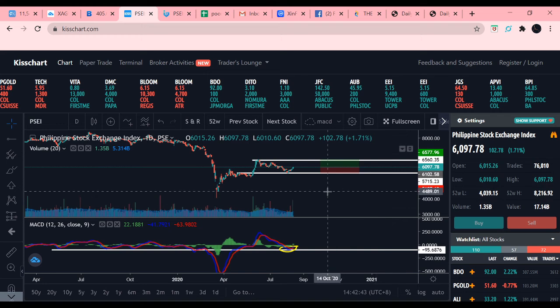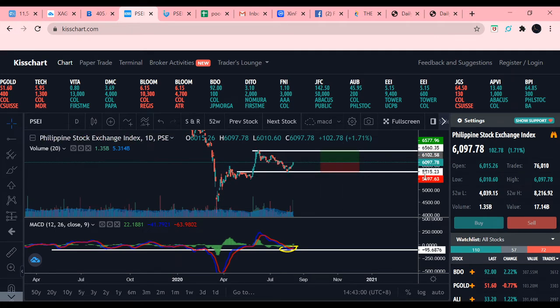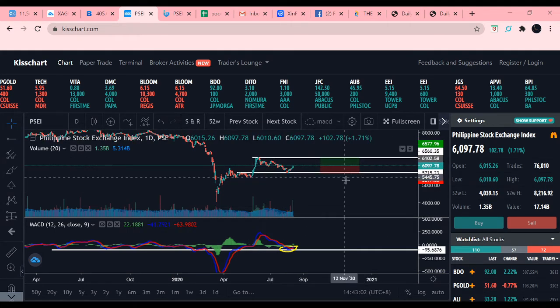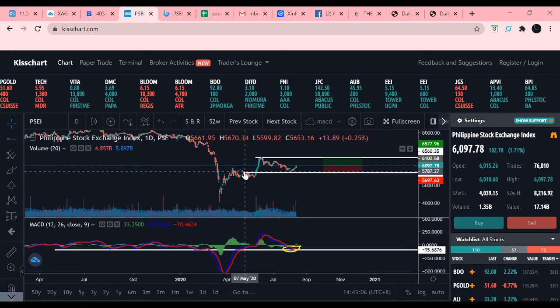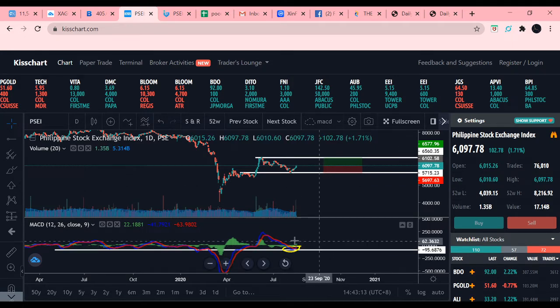So, around 6.5 yung tinitingnan ko na resistance and support around the 5.7, which na-hit na niya a few days ago, or I think a week, around August. Kasi medyo matagal ako na hindi gawa ng video. But yeah, naalala ko, it's the support na tinitingnan ko that time is the 5.7 area. So, yan. Let's see.